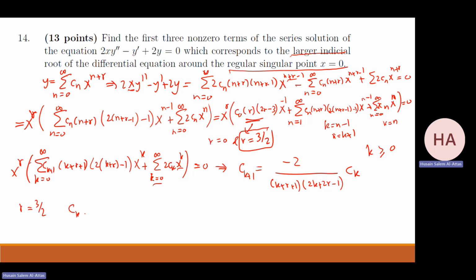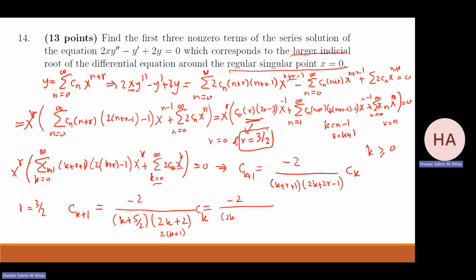So let me see what will happen. C(k+1) will be minus 2 over (k plus r plus 1), that is k plus 5 over 2. And here I have 2k plus 2r minus 1, so I have 2k plus 2, yes, 3 minus 1 is 2. So I can take 2 as a common factor. Multiply it here.